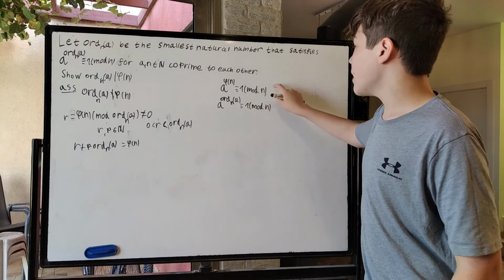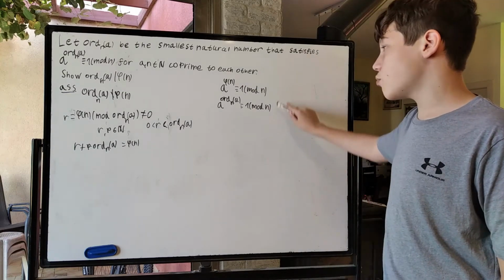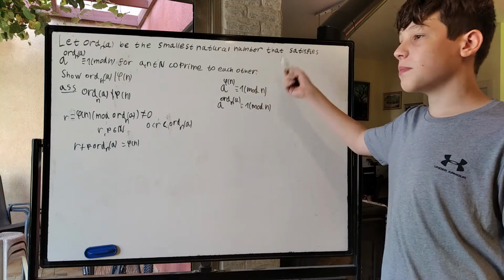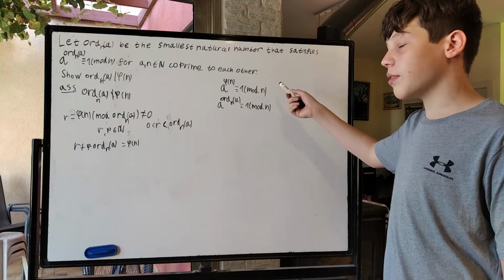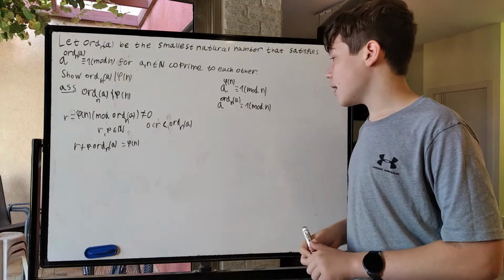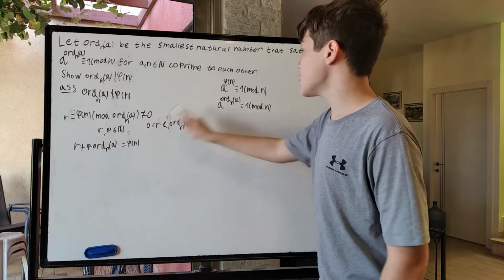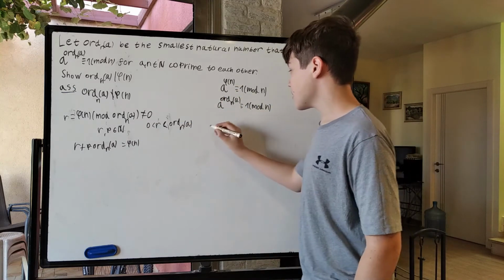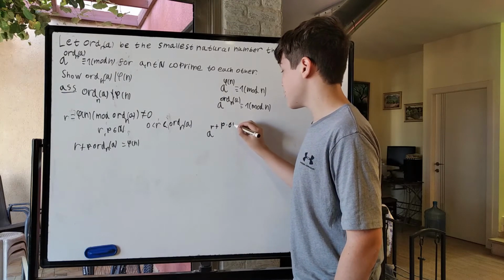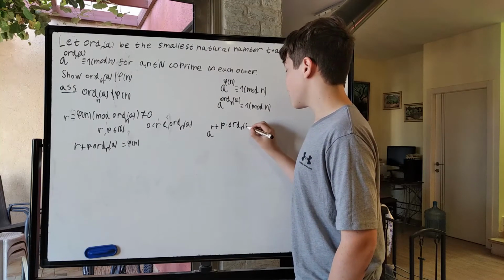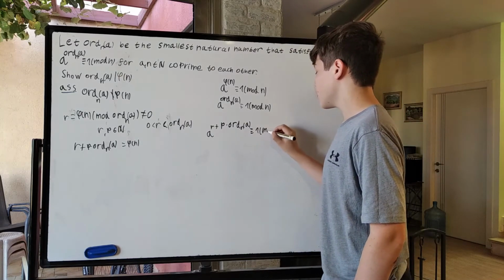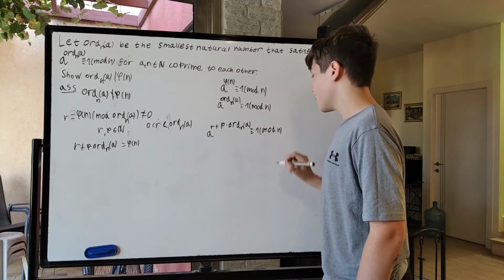So now we know that these two properties hold. This, by definition, is Euler's expansion to Fermat's little theorem, which we did prove. And now we can substitute this into phi of n. So now we can say a to the r plus p times order a of n is congruent to 1 mod n.